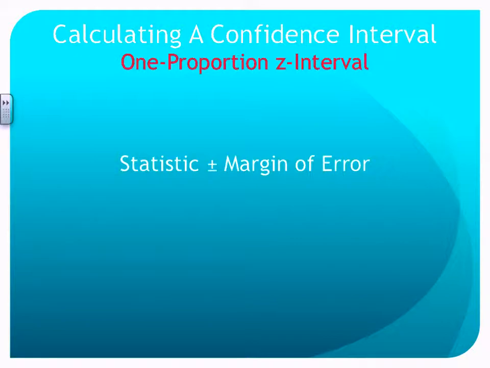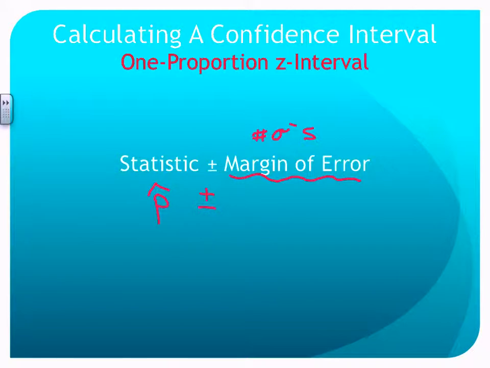So here's that general form that we saw in the last video. Your statistic, and we're going to be focusing right now on p-hat, or sample proportion, plus or minus this margin of error. We talked about that being a certain amount of standard deviations away from your statistic, okay?